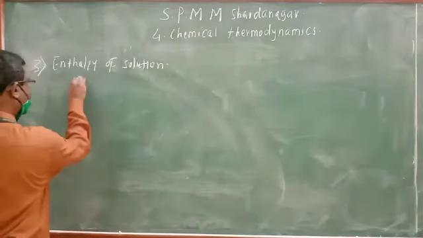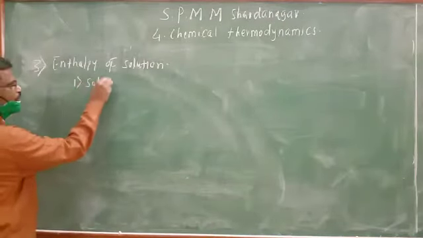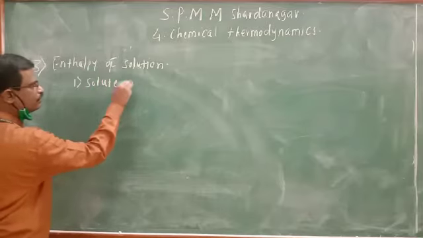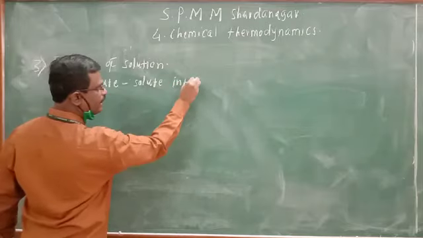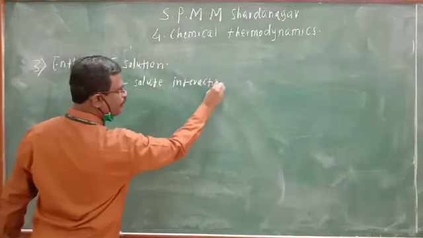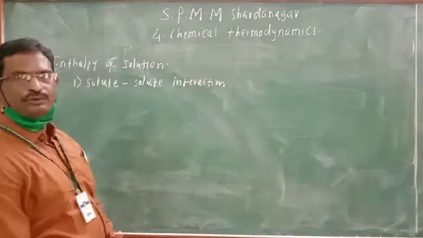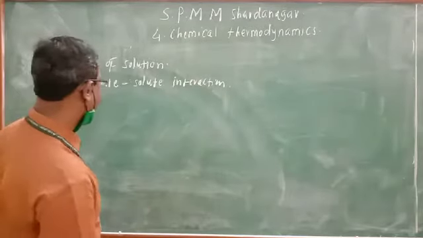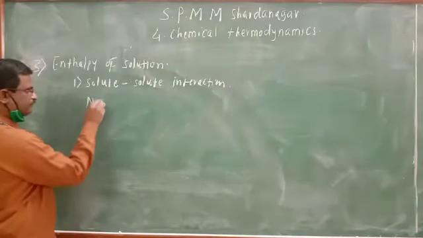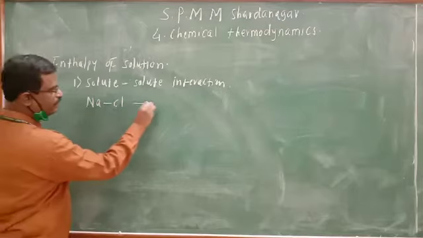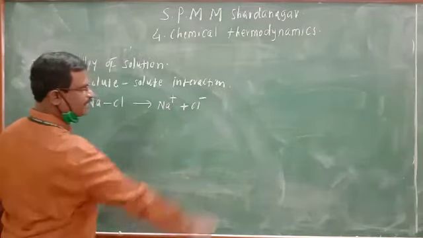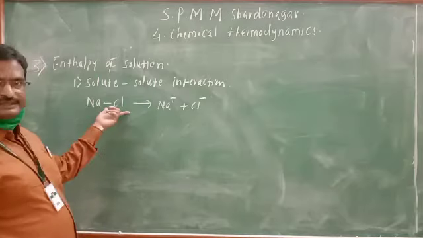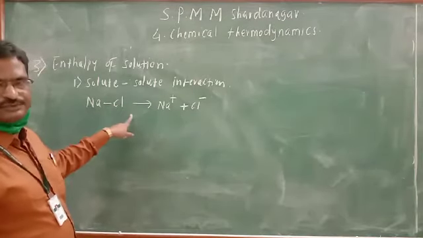In the first step, solute-solute interaction takes place, and the bond between solute molecules is broken. For example, sodium chloride. Here a bond is broken, forming Na plus and Cl minus. This is endothermic change.